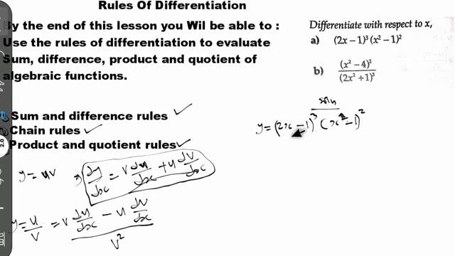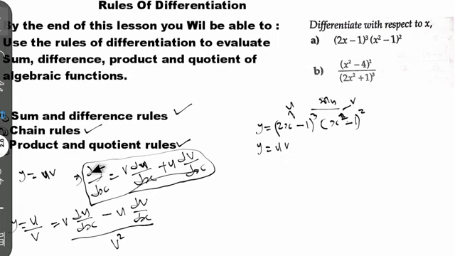So let's say this one represents u, and this part represents v. So it means our y is equal to uv. They multiply together, and this is under our product rule.